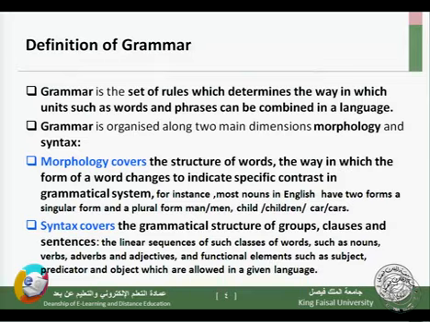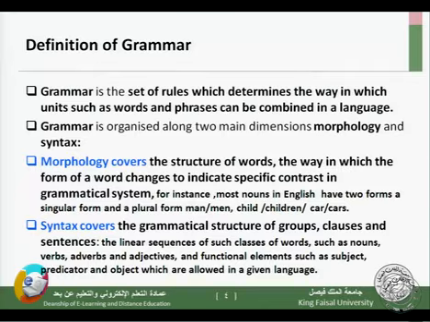It is a set of rules which determines the way in which units such as words and phrases can be combined together in a language. It means grammar determines how words and phrases can be combined together in a language. This is grammar.